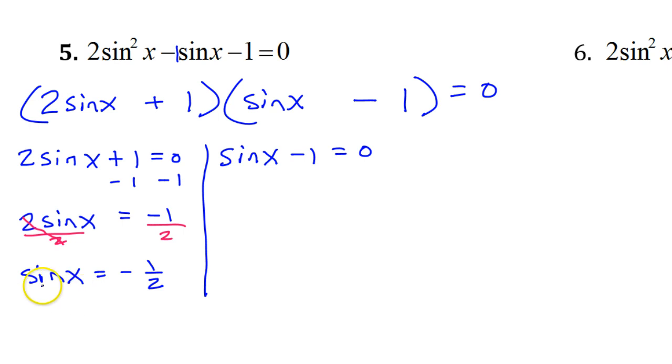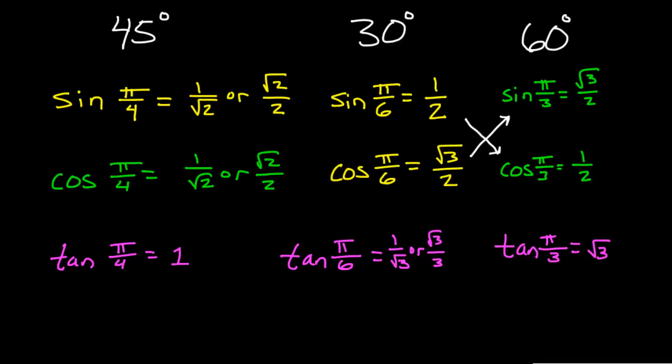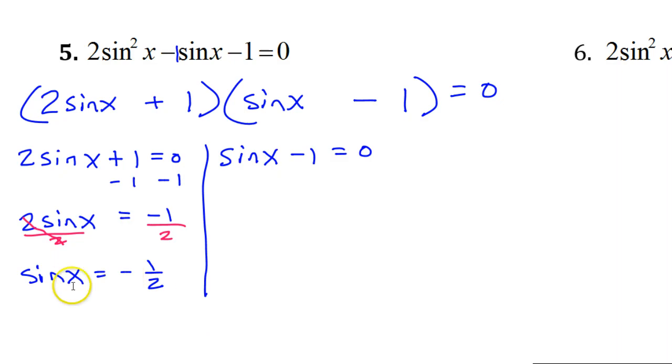Okay, sine of what angle is equal to negative 1/2? Ignore the negative for a second. The sine of what angle is 1/2? That's something that we have memorized. Pi over 6. Sine of pi over 6 is 1/2. So that means that pi over 6 is the reference angle here.